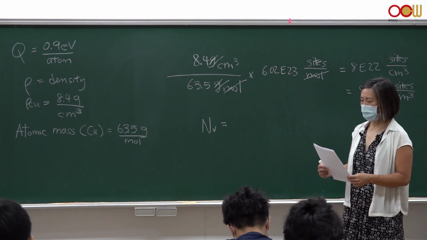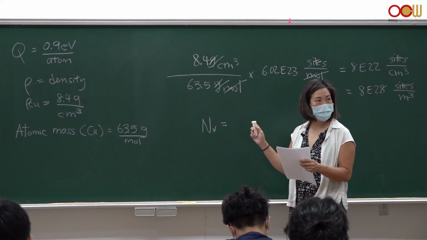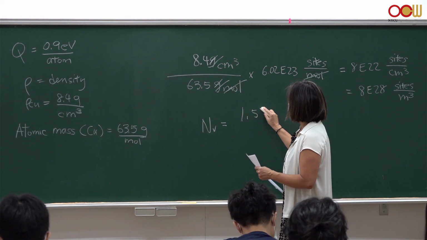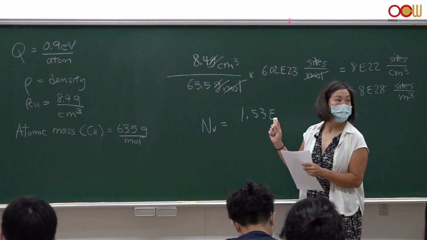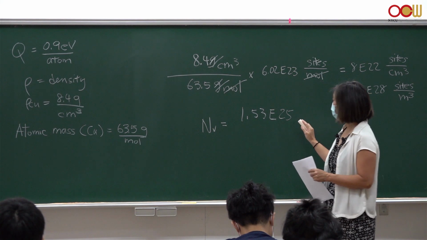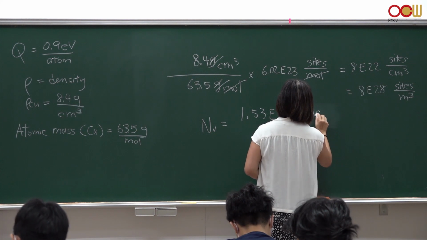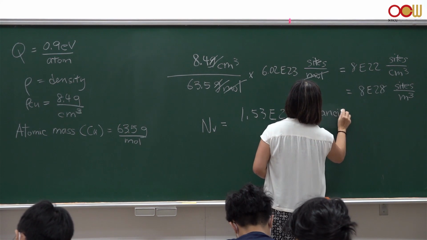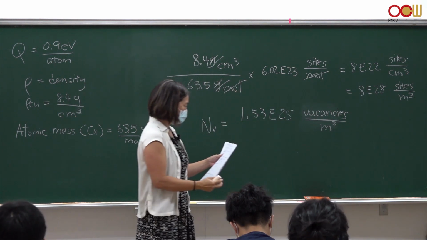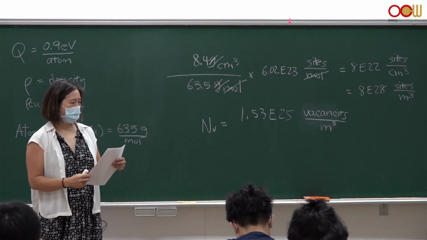I got a slightly different number. So you got 1.53 times 10 to the 25 per meter cubed. Okay.